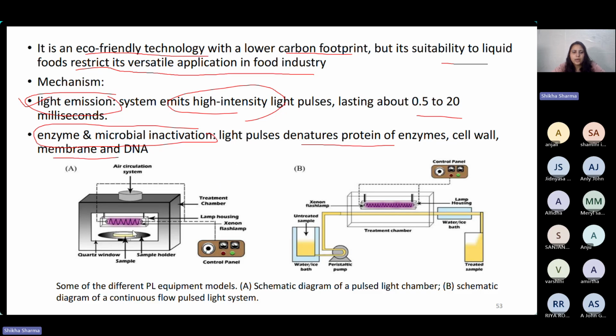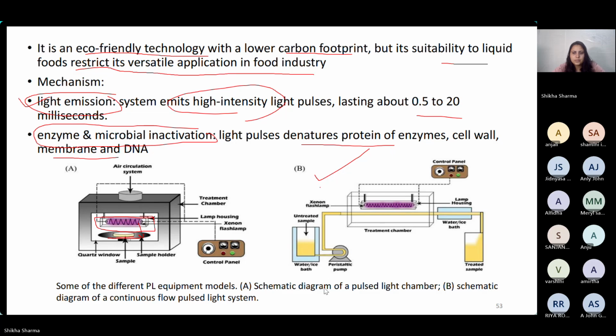Here the light source is there, food is placed, and it is exposed to the pulse light. This is a continuous flow pulse light system.